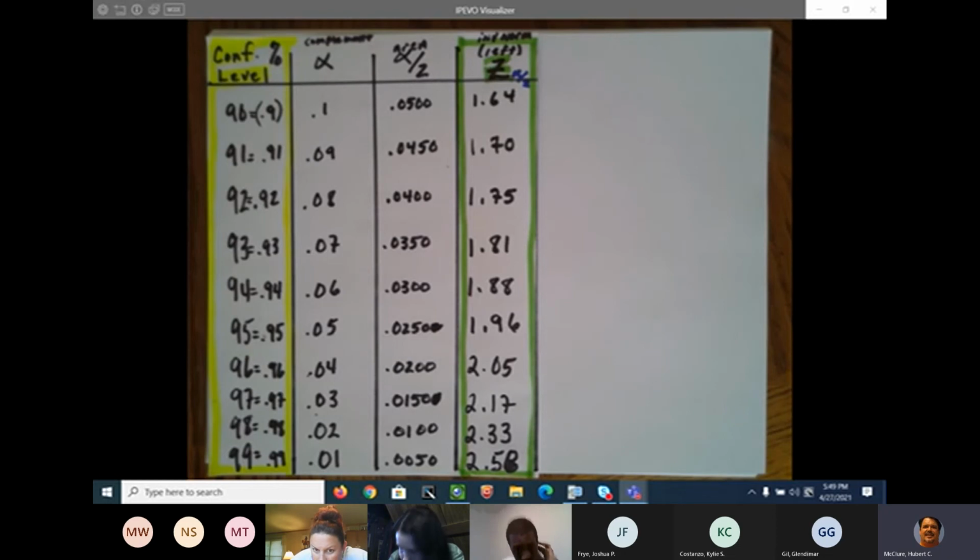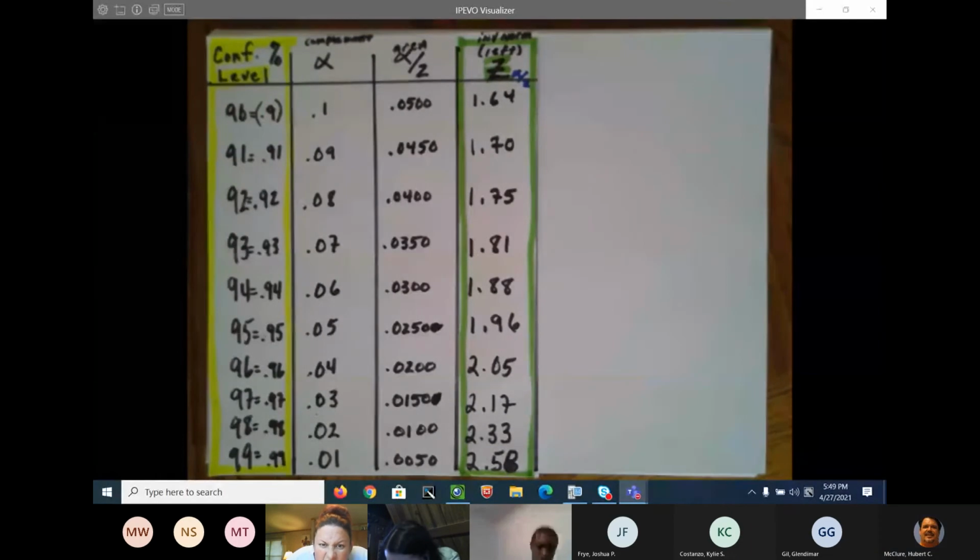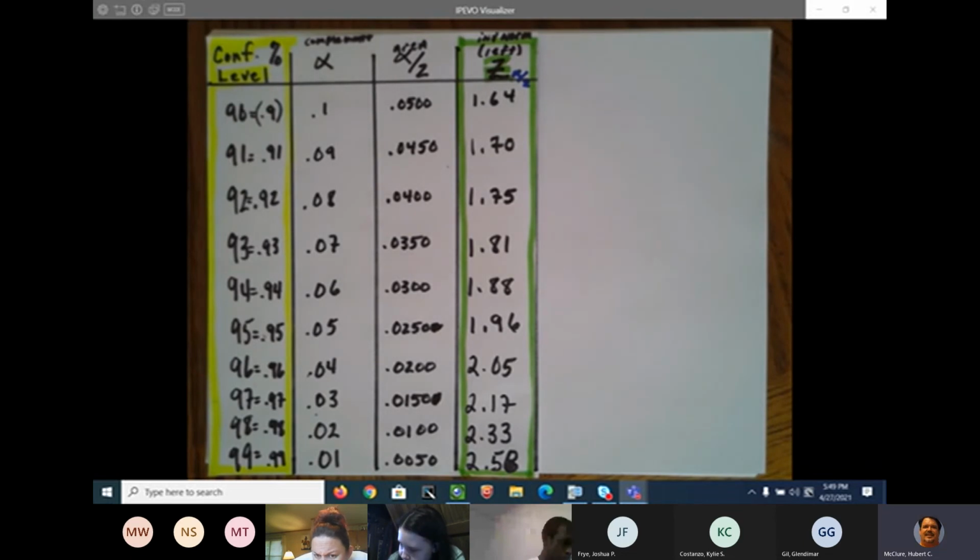Is that 2.58 on the bottom, the z-score? Yeah, 2.58. And then this says inverse norm, z sub alpha over 2.